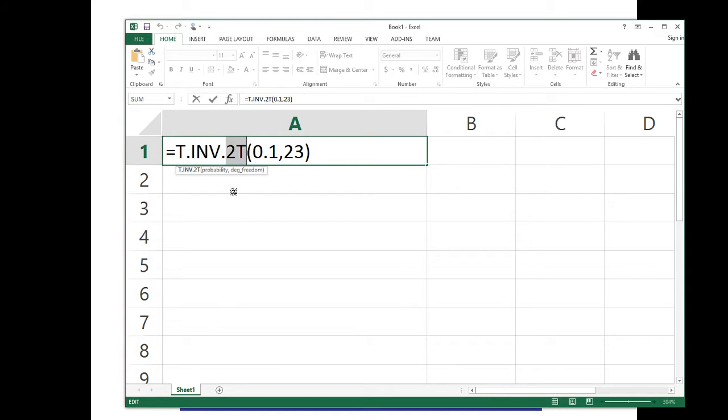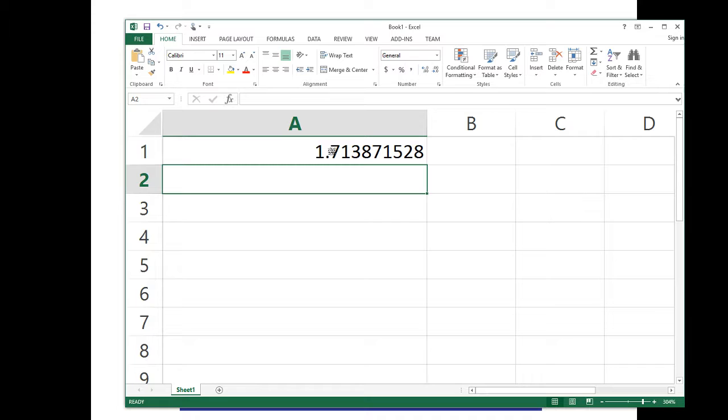And 2T means the two-tailed test. So we are doing the two-tailed test, so that's why we have 2T. And this number is the level of significance, and that is the degrees of freedom.